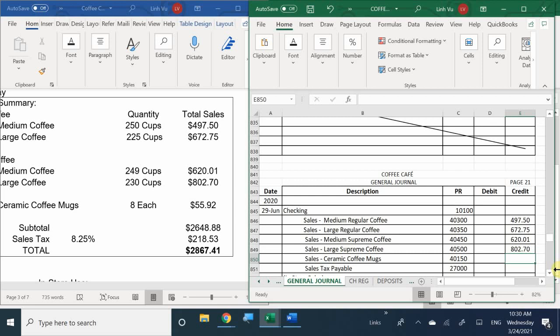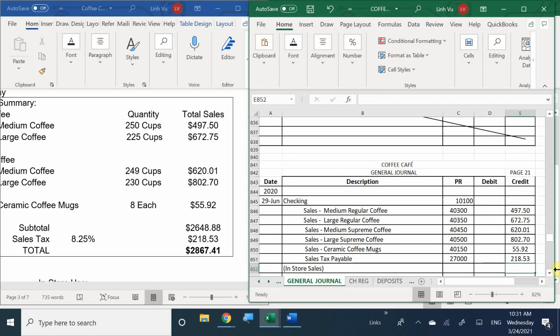Okay, and then the large Supreme coffee, 807. The coffee mugs, 55.9. Okay, and then lastly, sales tax.